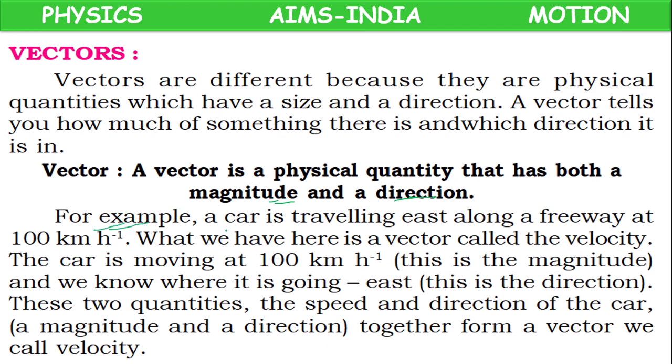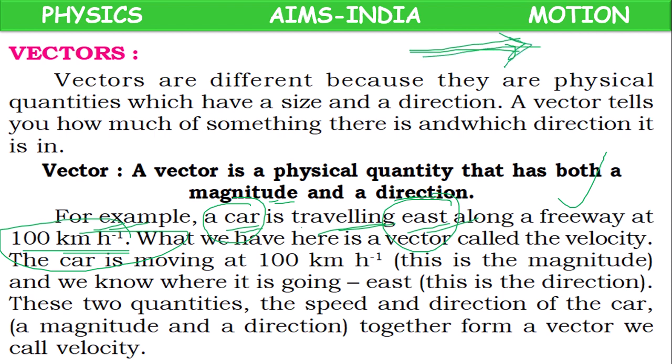For example, a car is traveling east along a freeway at 100 km/h. Here a car is traveling towards the east direction. To describe the motion of the car, we have to take the help of its direction. And with what speed is it traveling? 100 km/h.